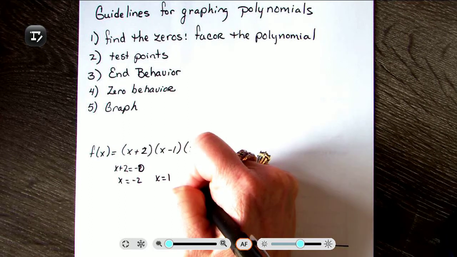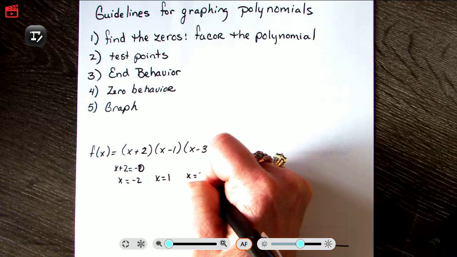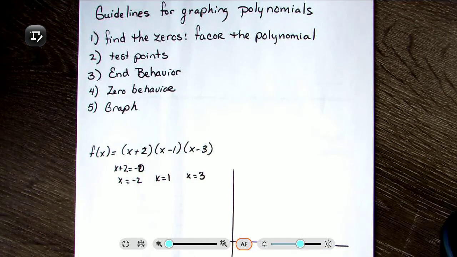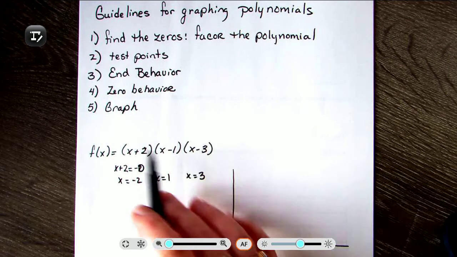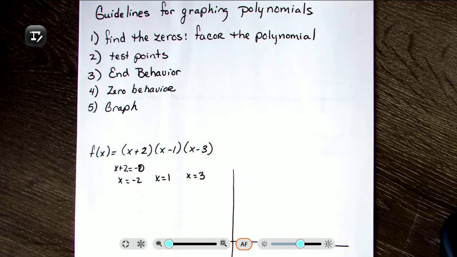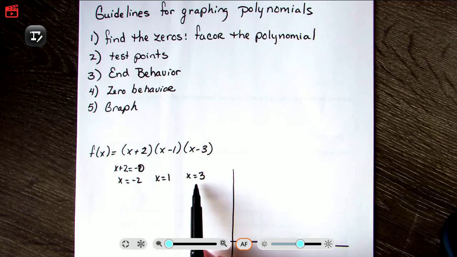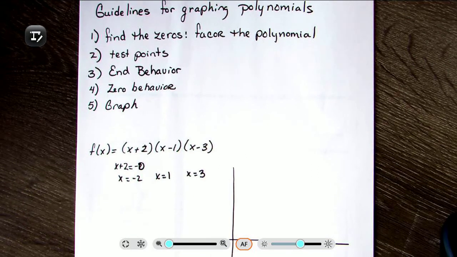Here we'd have x is equal to 3. I want you to get that comfortable pulling off the zero given it in its factored form. You may have to do a little bit of work if we have an uglier looking factor, but you should be able to get to those values.